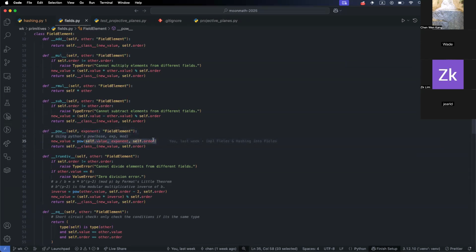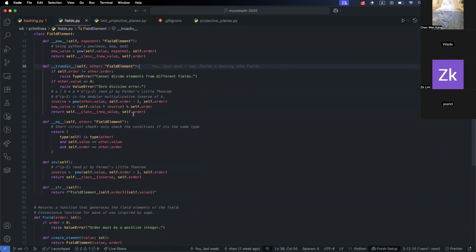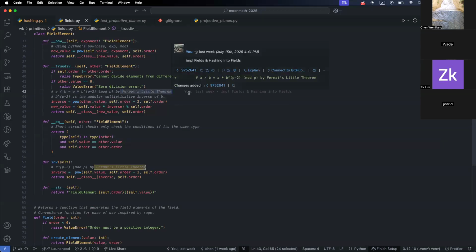Python doesn't really allow you to directly do the exponential without having an overflow error. So you do have to know this. You might overflow when you deal with exponentials of very, very high numbers, which is the case in hashing. This is just division. Remember we talked about Fermat's Little Theorem in chapter 3.